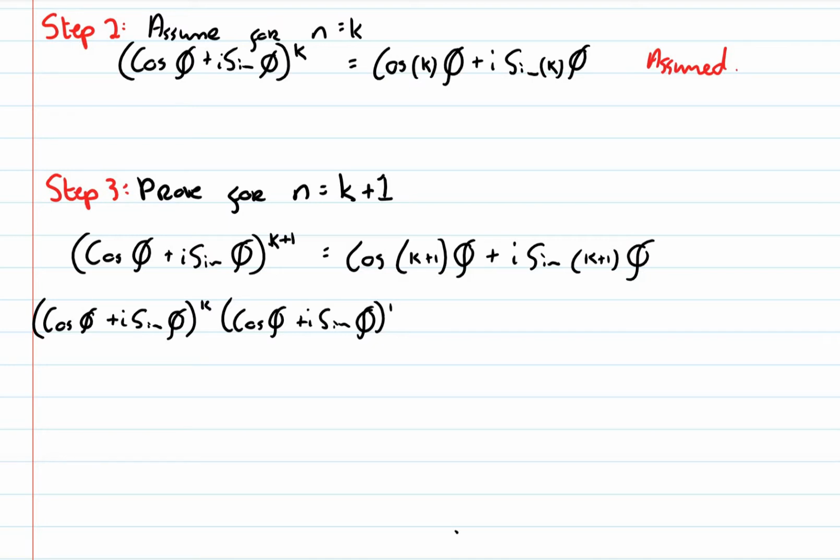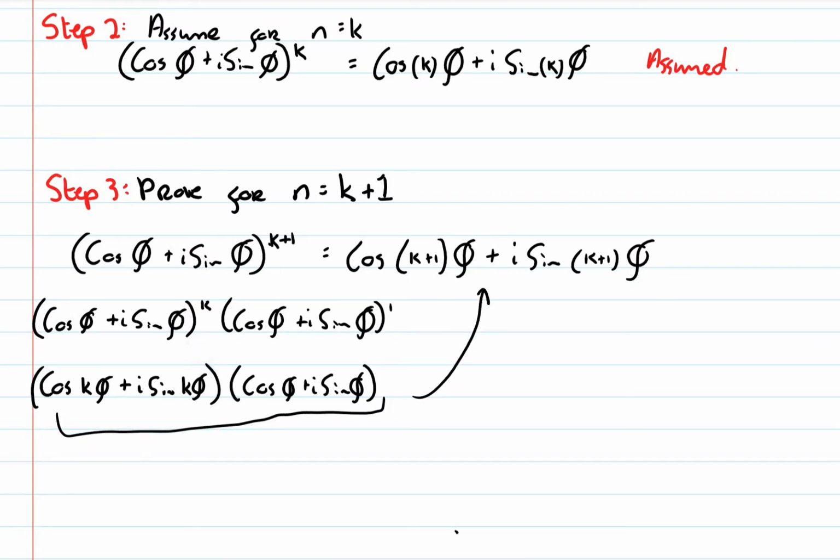And using De Moivre's theorem, I can say that that is (cos k theta plus i sin k theta) multiplied by (cos 1 theta, which is just theta, plus i sin 1 theta, which is again just theta). Again, I want to make this look like that, but it doesn't look like it so far.